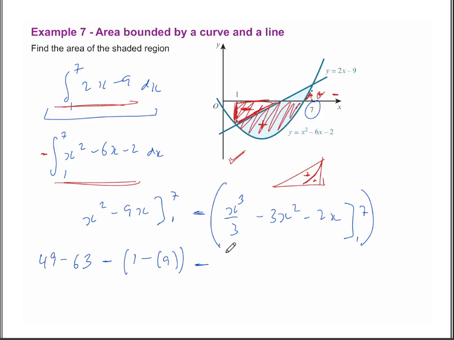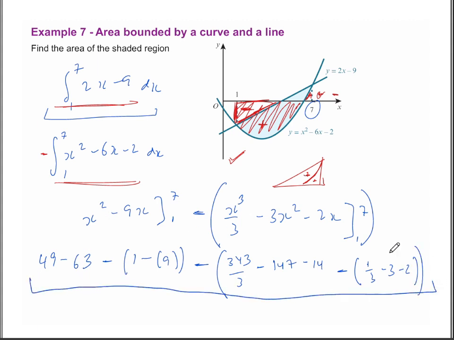Then you're going to subtract the entire right side, which is going to be 343 over 3 minus 147 minus 14, subtracted by putting in 1 into these: 1 over 3 minus 3 minus 2. And that will give us our final answer, this entire evaluation, which will be 36 units squared. And that is going to be the blue shaded area that we had to find.